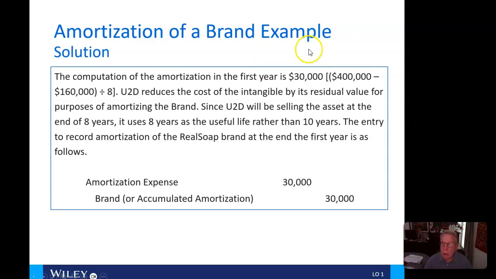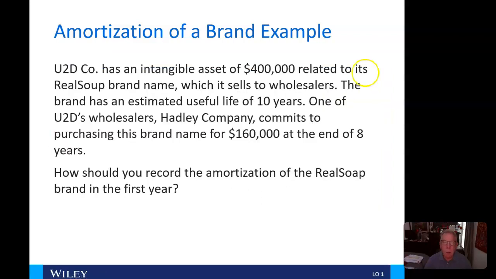Well, for the solution, the computation of amortization in the first year is going to be $30,000. That's the 400,000, let's go back, the 400,000 here, less the 160,000 that you're going to sell as a residual value to Hadley.